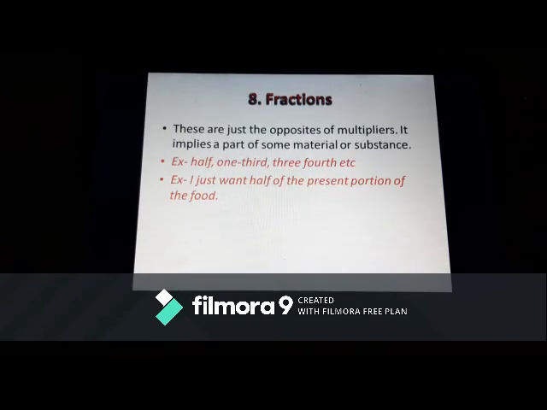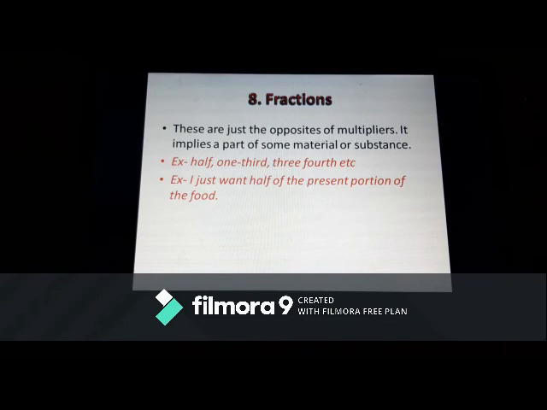Coming to the next one, it is called fractions. These are just the opposite of multipliers. It implies a part of some material or substance. Wherever any word implies a part of a whole substance, it is called fractions. For example, half, 1/3, 3/4, etc. I just want half of the present portion of the food.